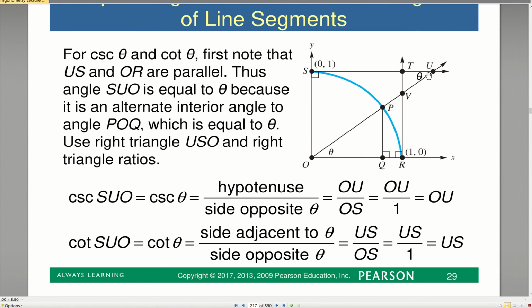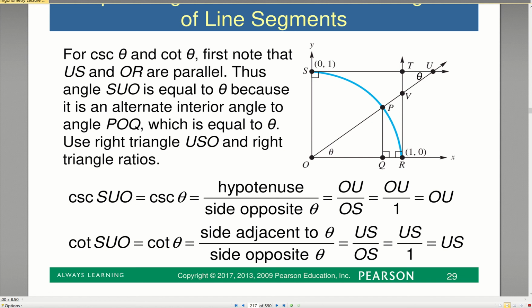When you write OU without the bar on top of it, you mean the length of the segment OU. And over the side opposite theta, notice it's OS, which, as you know, is a radius of the unit circle, so it's 1. So that's where you get OU for the cosecant of theta.